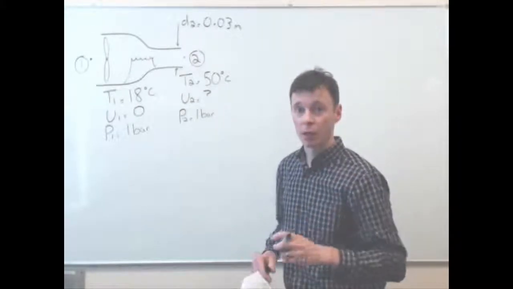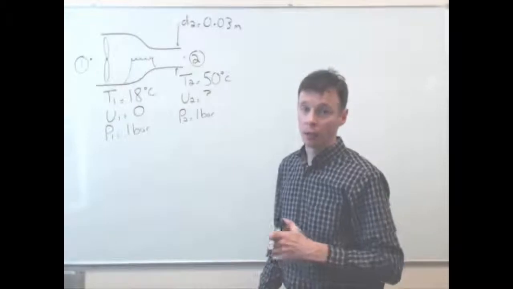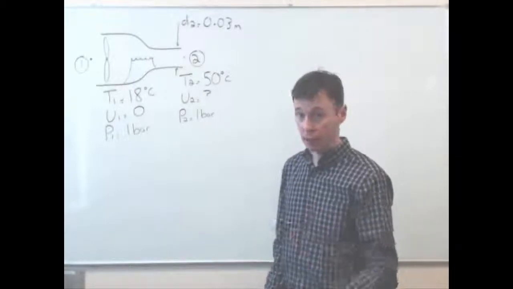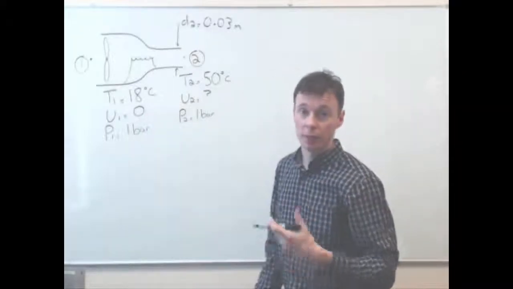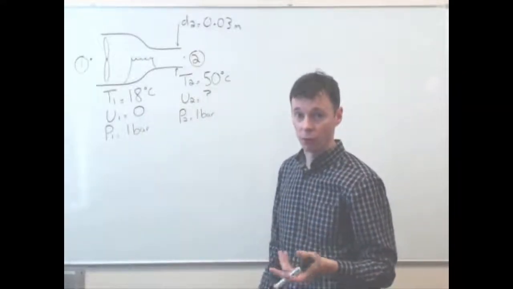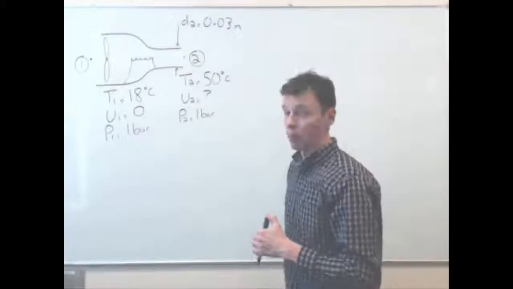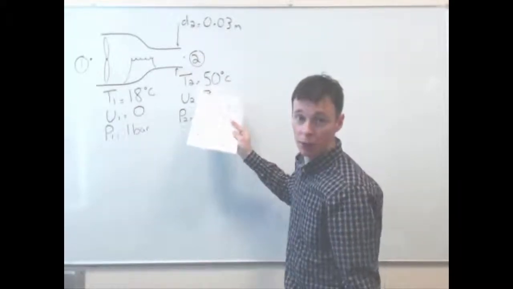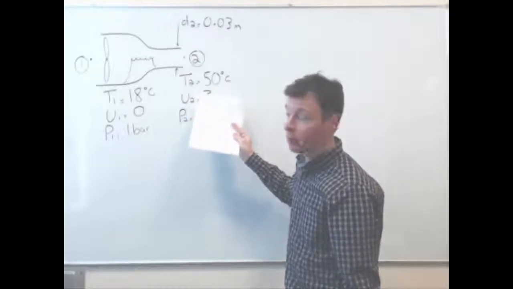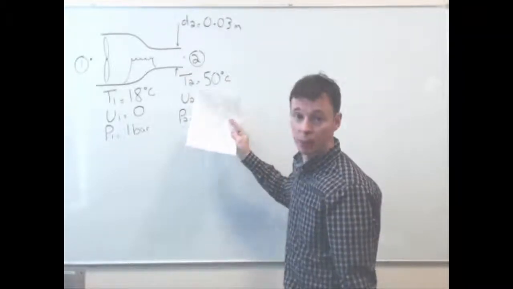The first part of the question is asking us to work out the inlet and outlet densities. At standard temperature, when we work out the inlet density, we're expecting it to be around 1.23 kilograms per meter cubed. At the outlet we've got a much higher temperature, so to conserve mass flow we'd expect the density to be below that.